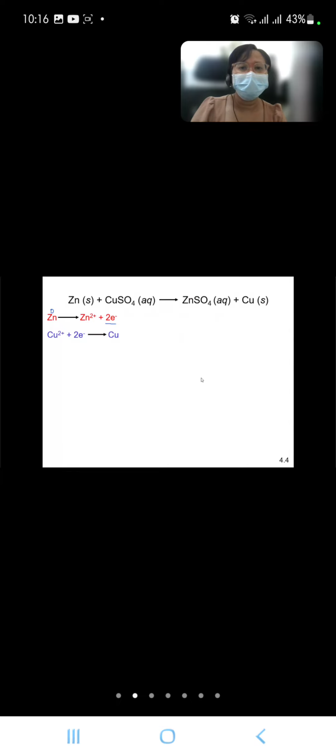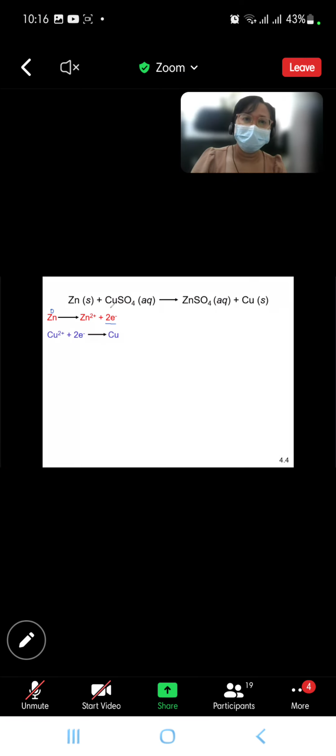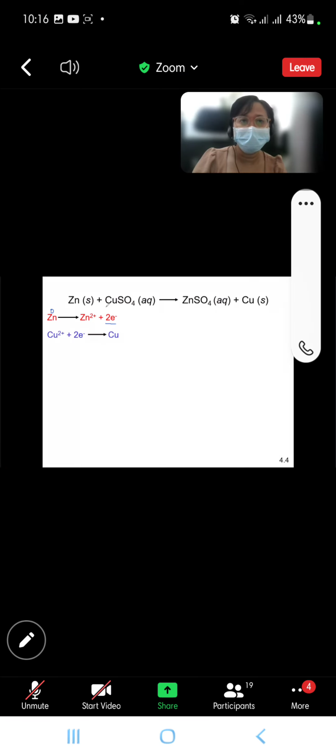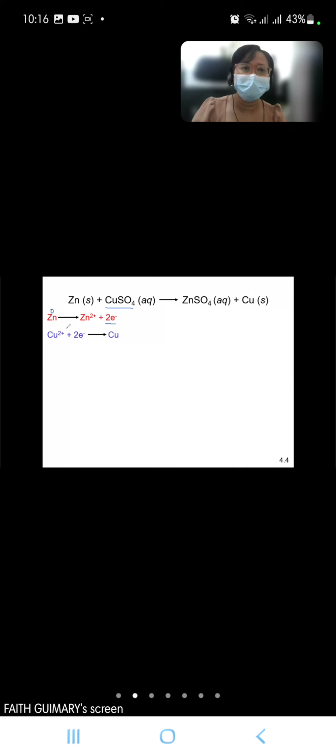So, now look at copper. On the reactant side, it forms a bond with the sulfate ion. Okay? So here, copper is positive 2. Why is copper positive 2? If we ionize it, remember that sulfate is negative 2.